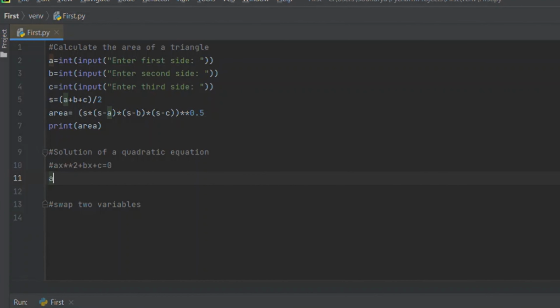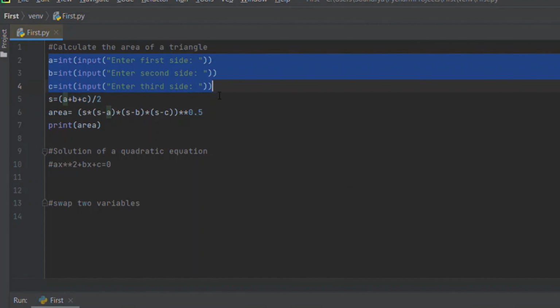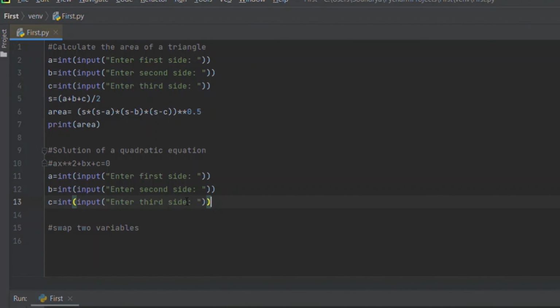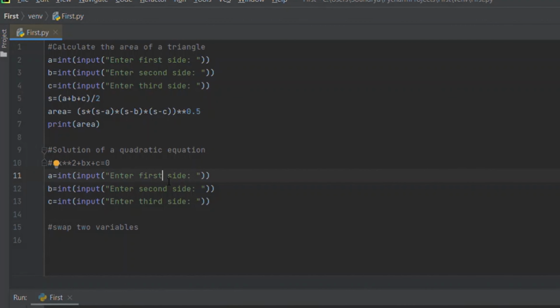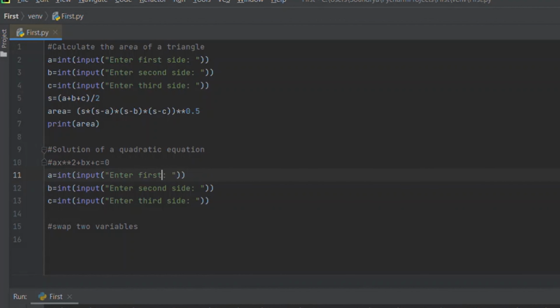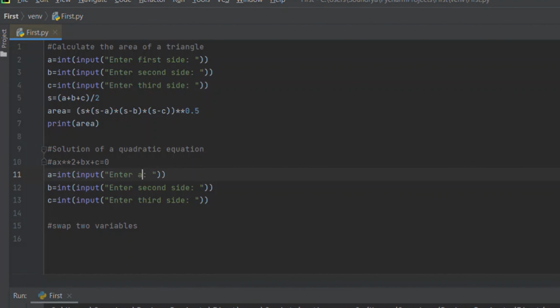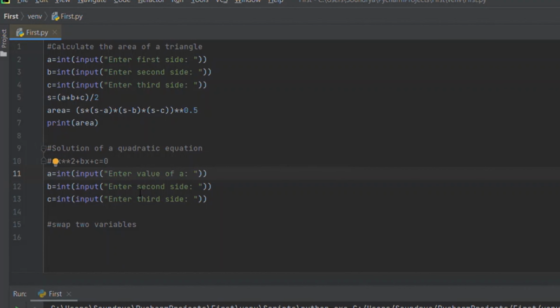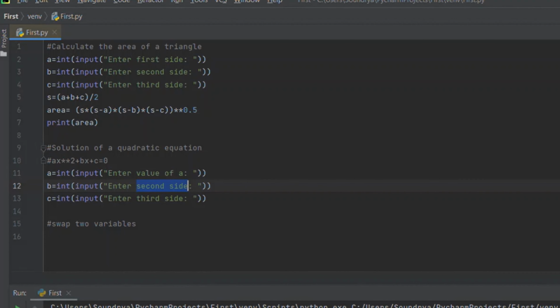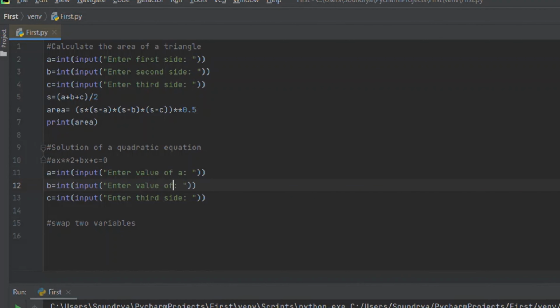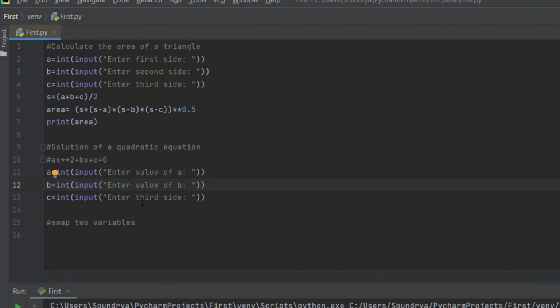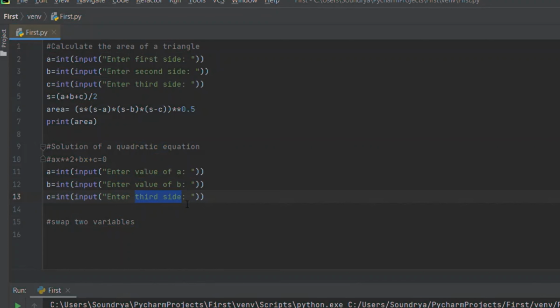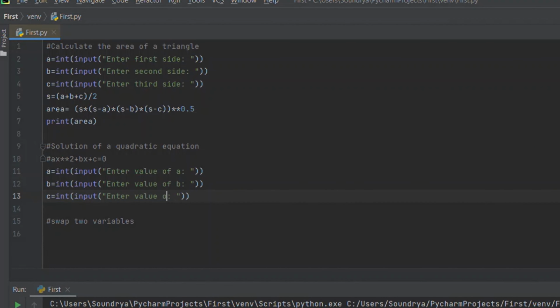Now we can copy it from here and modify it as: enter value of a, enter value of b, enter value of c.